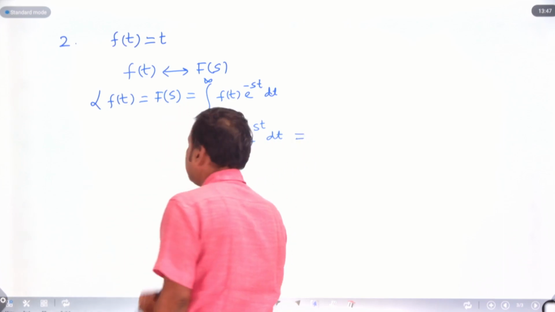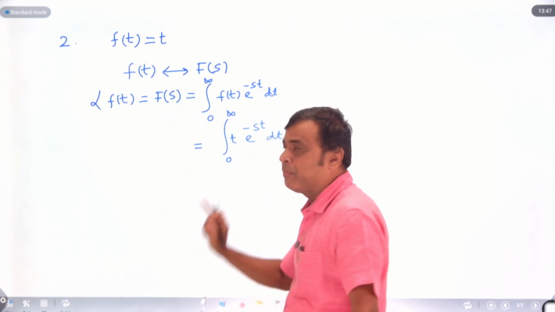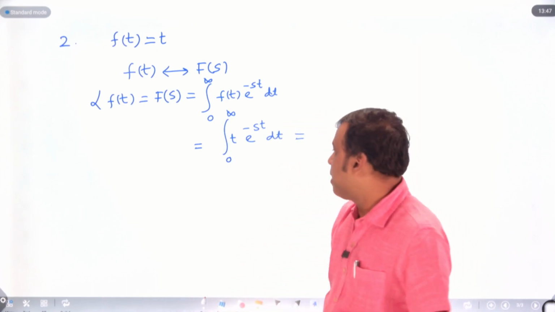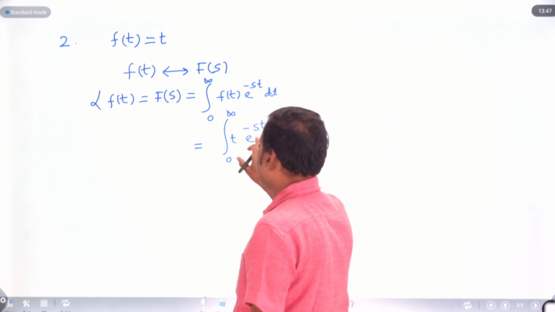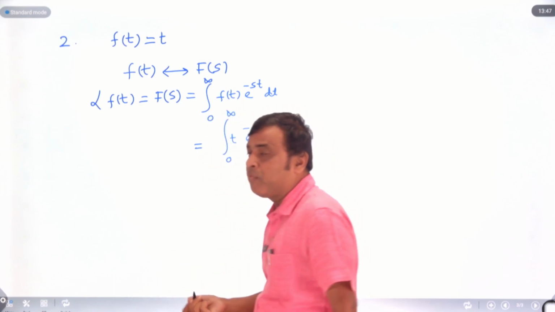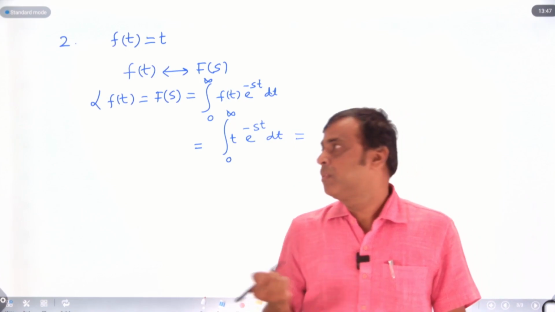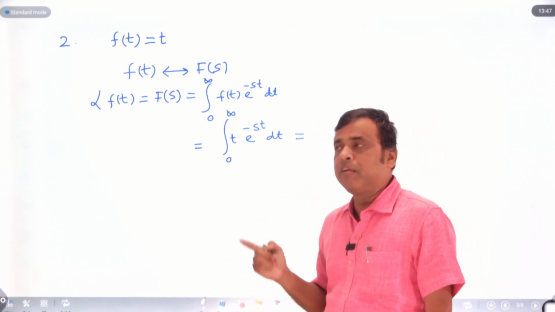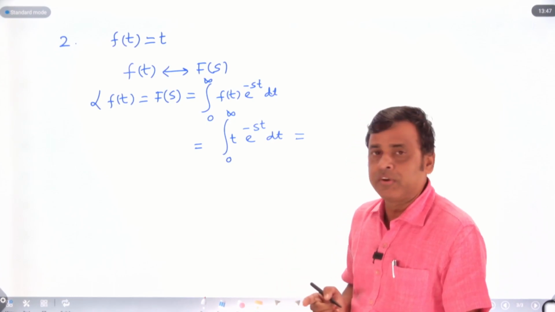And what will we do? With first function and second function, you can apply integration by parts. The first function is u, the second function is e to the power minus st dt. What is the formula for integration by parts? First function into integration of second, minus integration of second into differentiation of first.